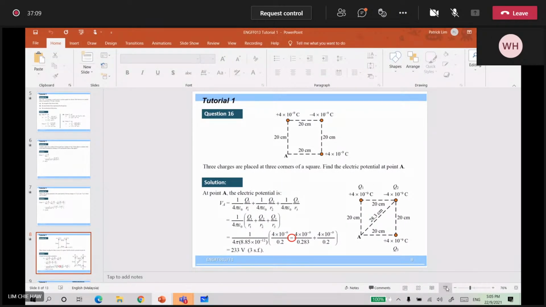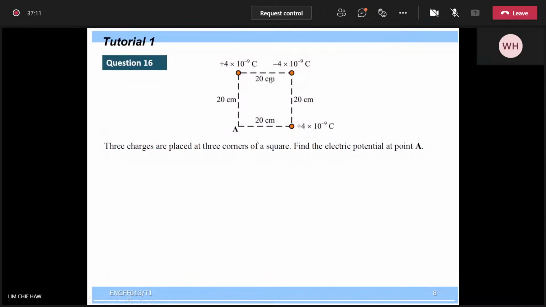So this is the tutorial question which involves the electric potential. Let's take a look at question 16 here. 3 charges are placed at 3 corners of a square.